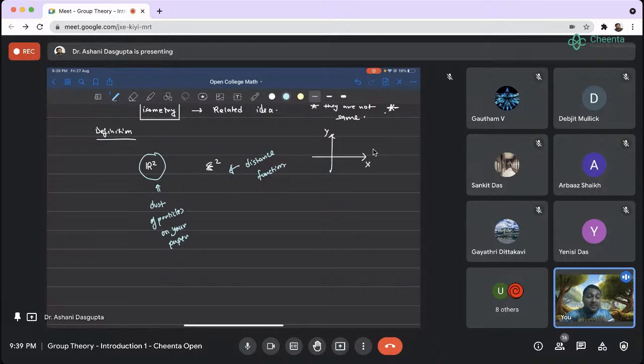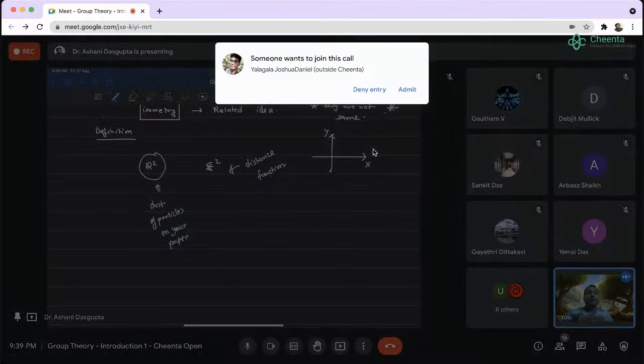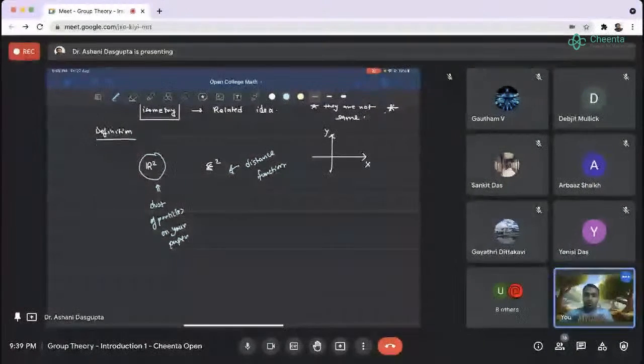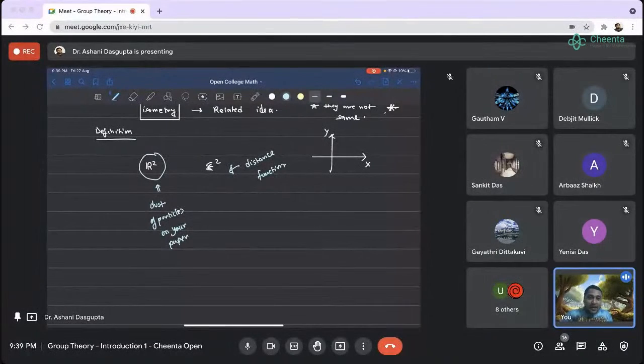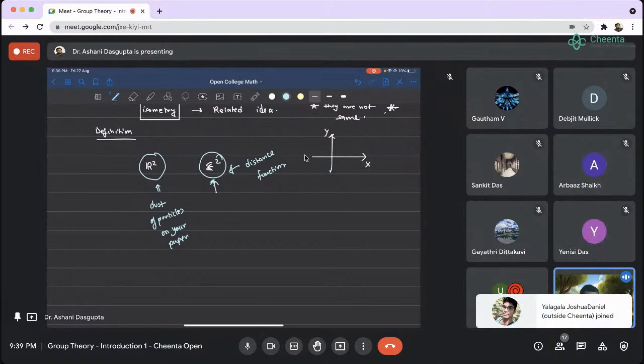You are giving us a recipe on how to compute distances between any 2 points on that particular set. So in particular, when we specify the distance function, we say that it's E2. E2 is like the general metric.